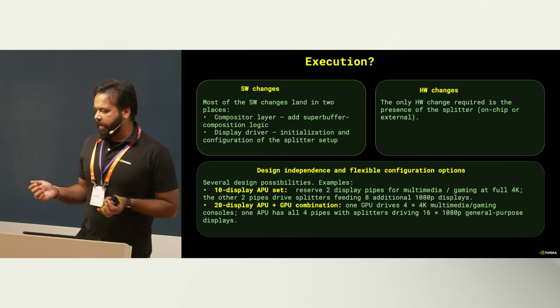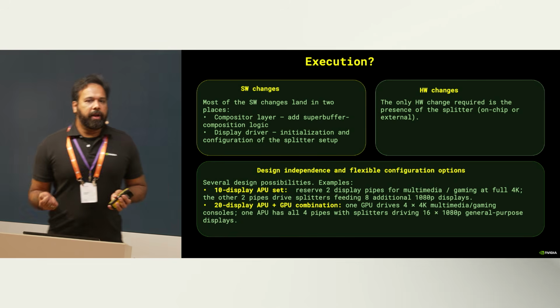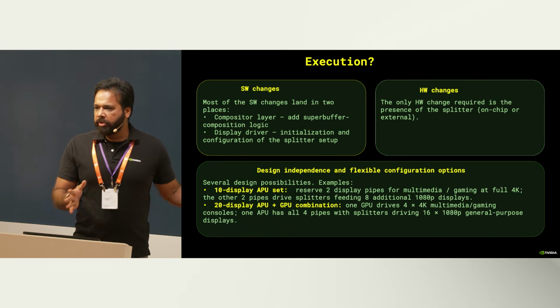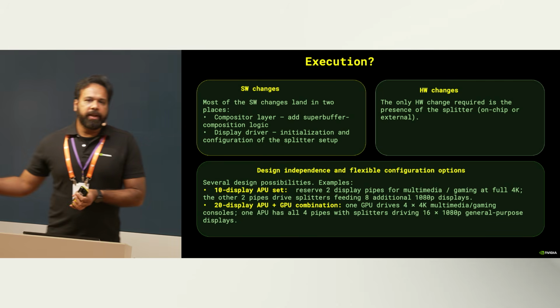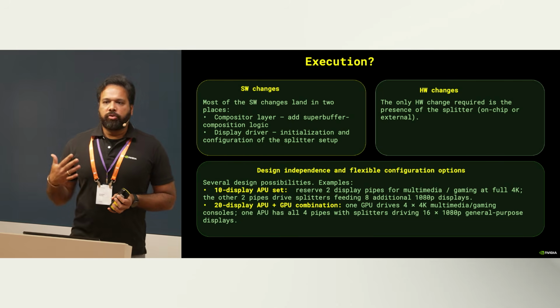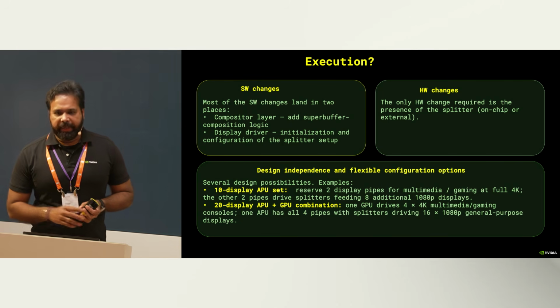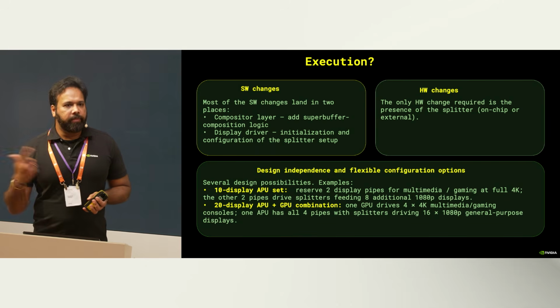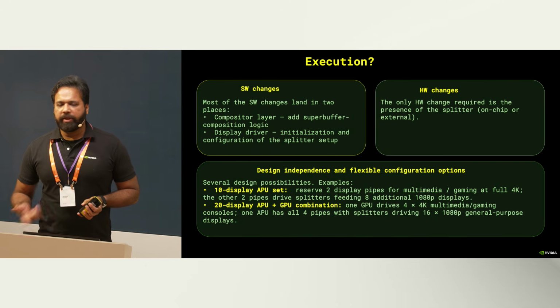You don't expect to hot plug or unplug a display in a car cockpit. We know these are 15 displays, and these are the resolutions. So if you know the configuration, it's very easy to write the software for it and go ahead. The only hardware change we need is the splitter, and if you need to program the splitter, maybe an I2C interface or something like that.